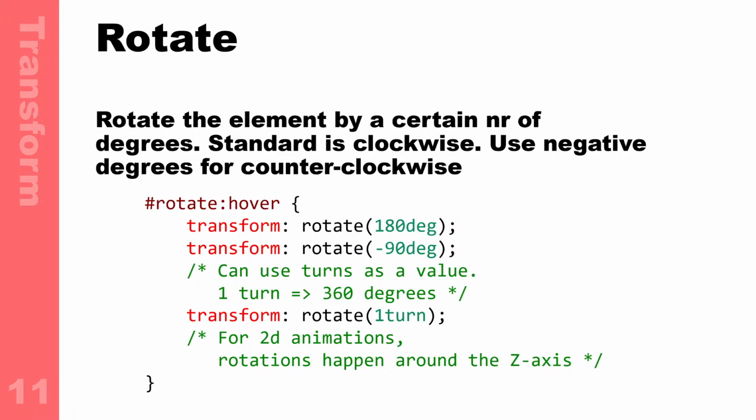Rotate. The rotation is expressed in degrees. So if you turn something on its head, it's 180 degrees. If you want to do a full turn, you can do 360 degrees, or you can just write one turn. You can also do rotation on the z-axis, which creates 3D effects.